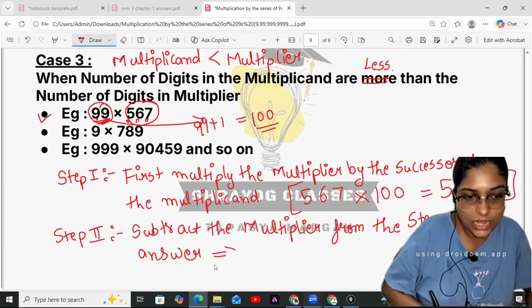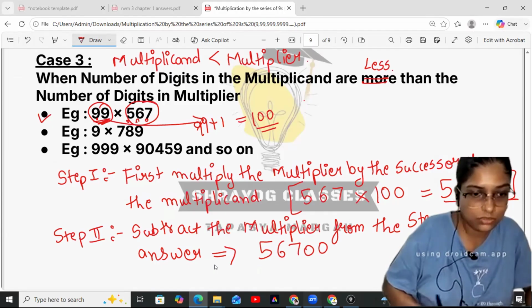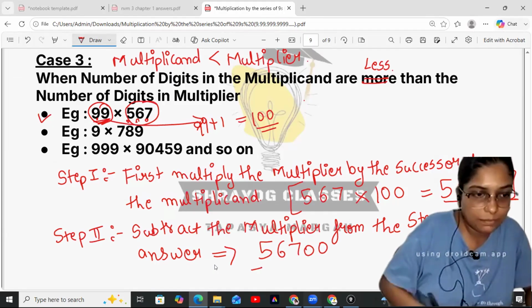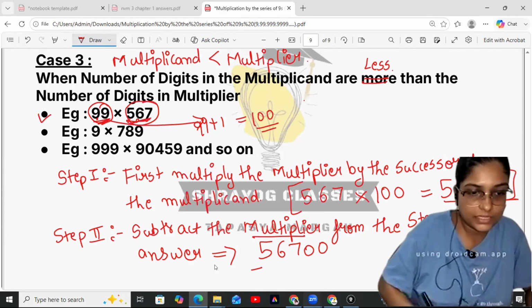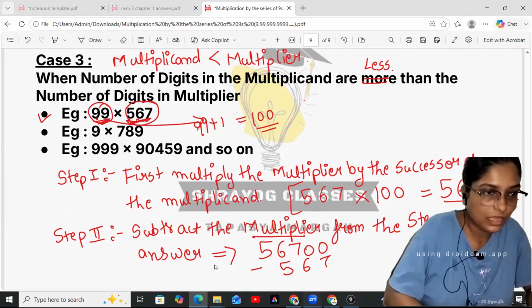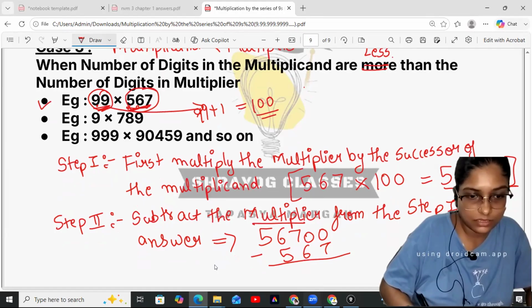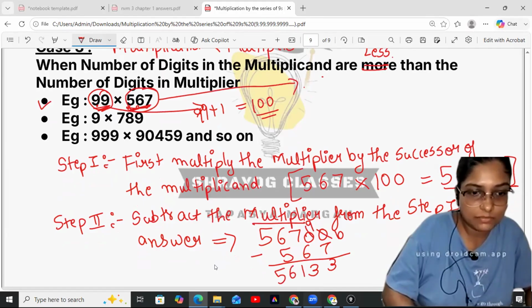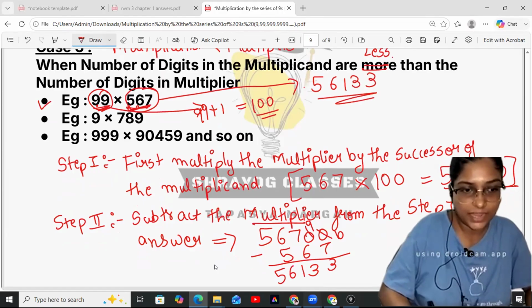My step 1 answer is 56700, and my original multiplier is 5, 6, 7. If I subtract it, I will get 56133. So 56133 is my final answer.